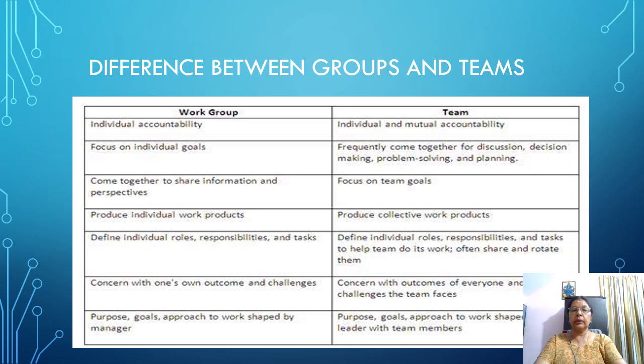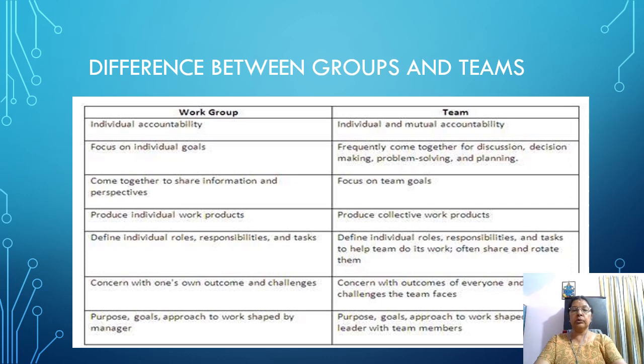And in groups, the individual roles, responsibilities, and tasks are clearly defined. But in teams, also, the individual roles, responsibilities, and tasks are clearly defined. But the team also is collectively made responsible for whatever goals they have to achieve.